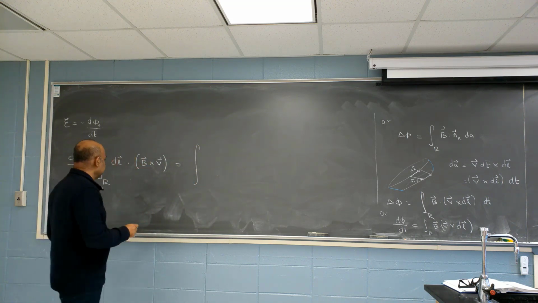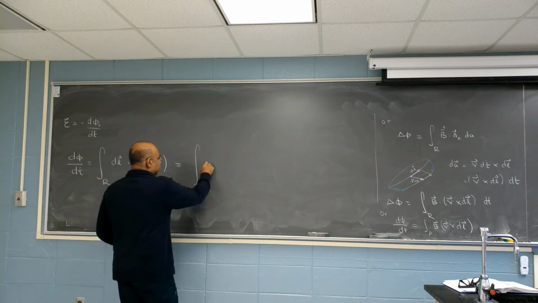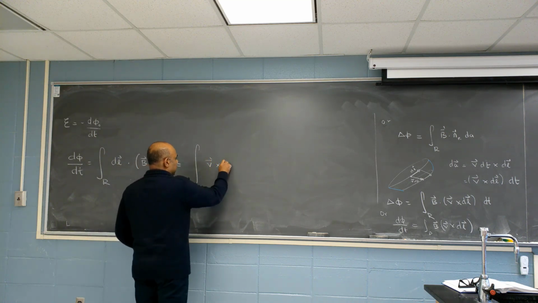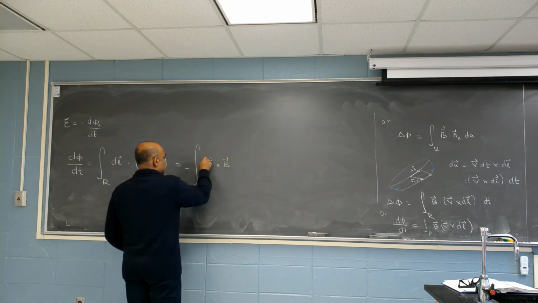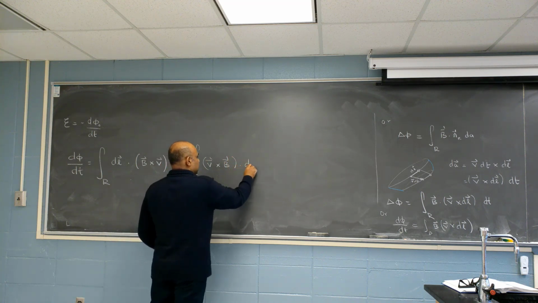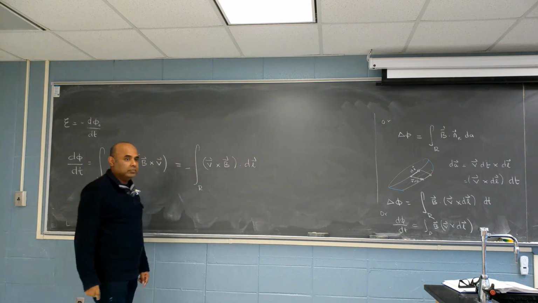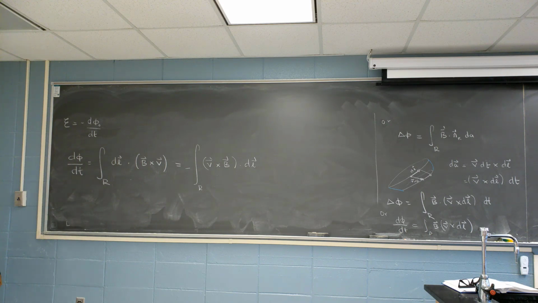Well, that doesn't do anything. But I'm going to write this as V cross B, because after all, magnetic force is QV cross B.